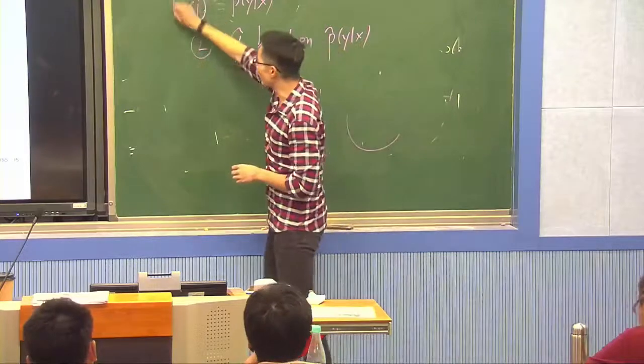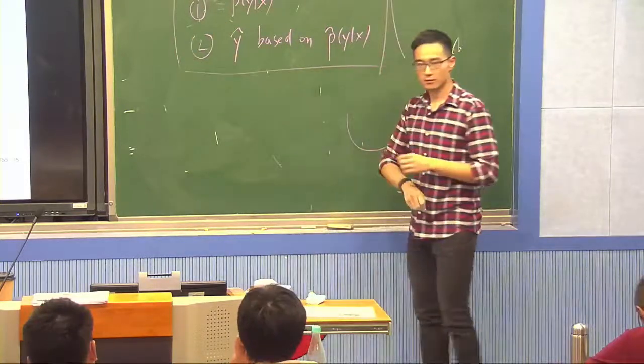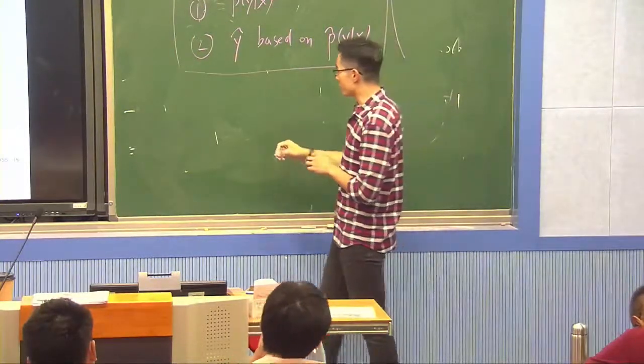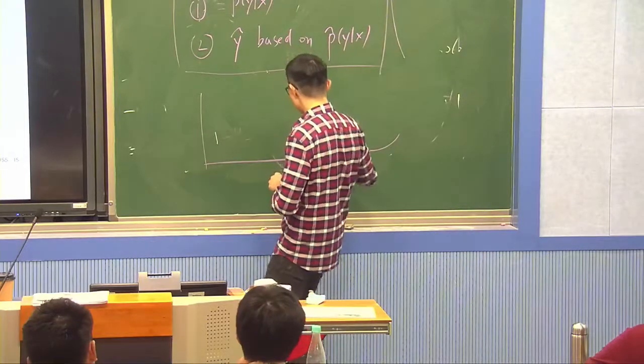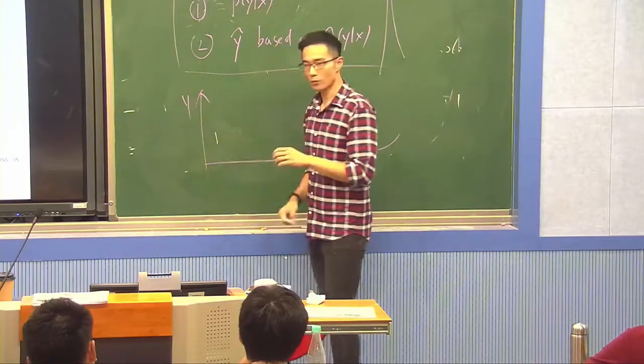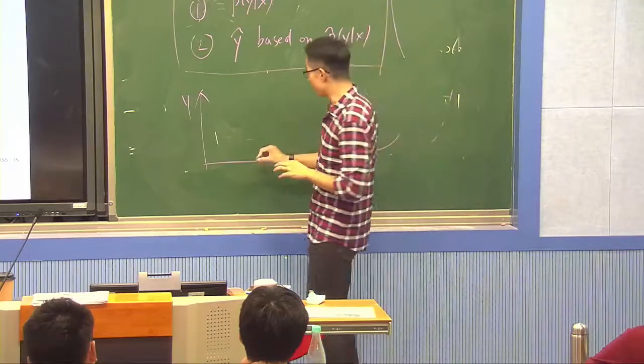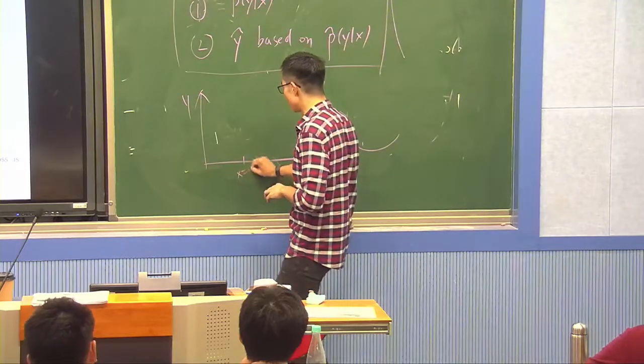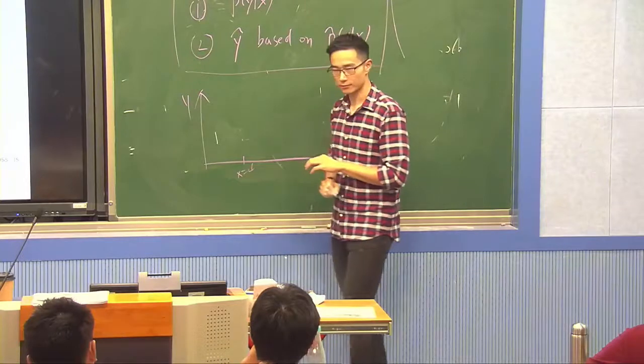Now it turns out that's not the only way to do things. The other way: I have x, I have a y. Again, y is noisy. By noisy, I mean at each x value, there are many different y values possible.